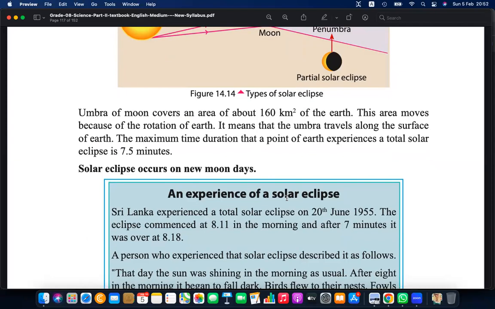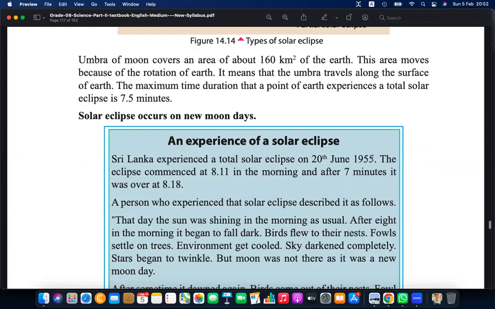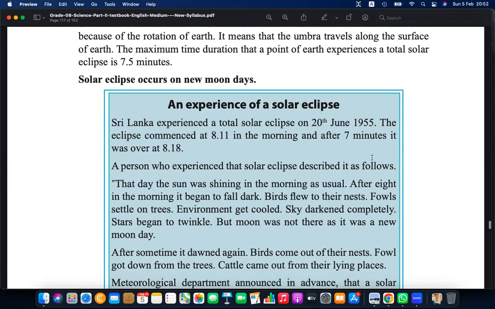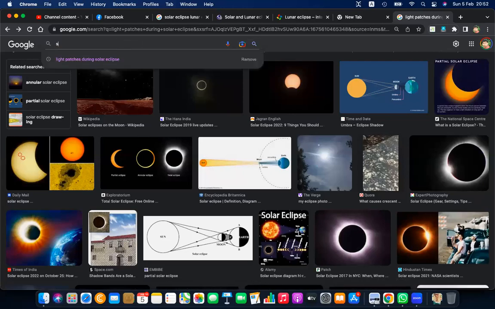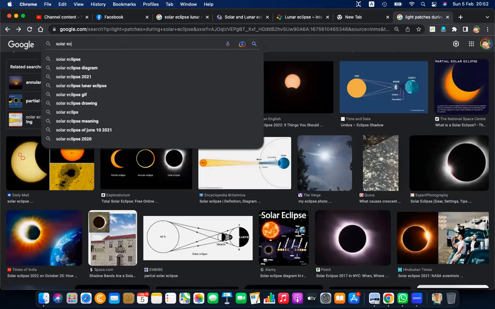Okay, actually, Sri Lanka experienced a total solar eclipse in 1955. You were not there, and I was also not there, right? But we can always browse for the history. As you said, in 2017 or 18, I don't remember the exact year, but it happened. A solar eclipse.